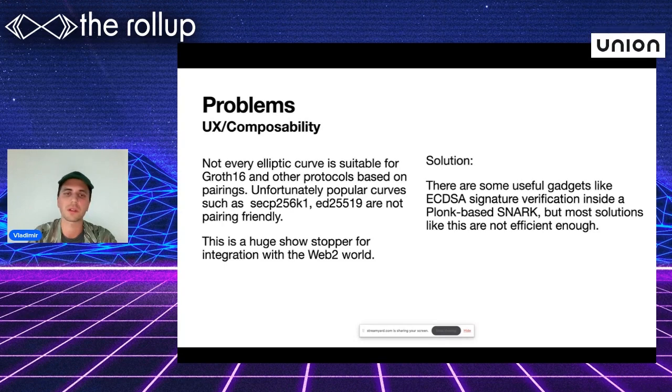So, for example, for the signature check in zkBob, we use a dedicated curve introduced also by the Ethereum Foundation, which is called Baby Jubjub. It's a special kind of curve that can be used inside the SNARK, and most of the other curves are not that efficient to use. There are some gadgets that you can write to work around things like this, but it's very inefficient, unfortunately.